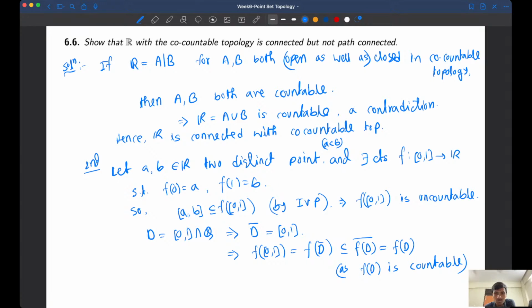So f(D) is countable and f([0,1]) is uncountable, but it is contained in a countable set, and a subset of a countable set is countable, which is a contradiction.